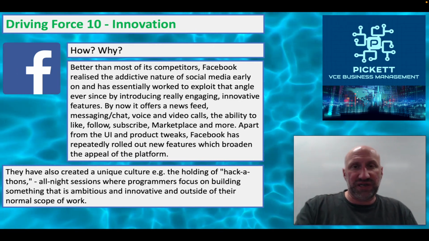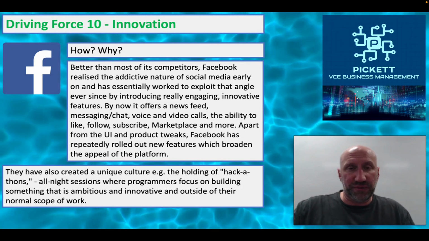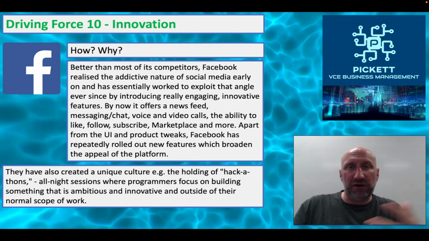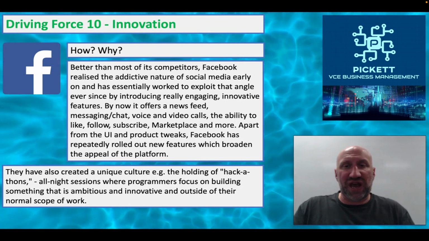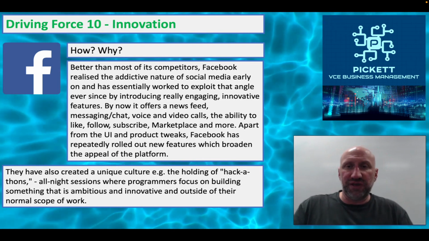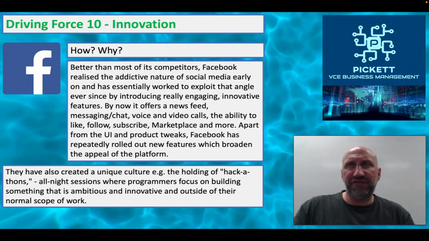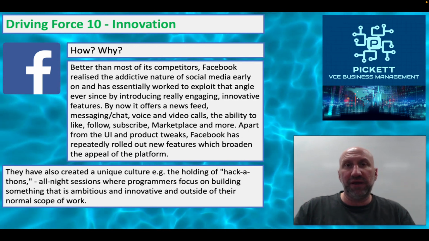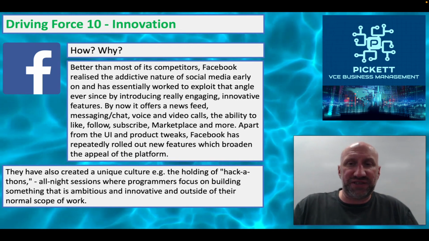It's constantly introducing really engaging, innovative features that people love. By now, 2023, it offers news feeds, messaging, chat, voice, video calls, the ability to like, which of course the younger generation love, following, subscribing, marketplace has been a huge one in recent years, and other stuff.